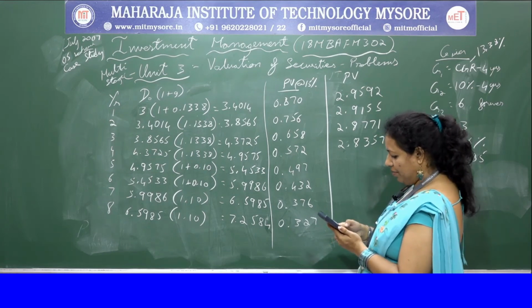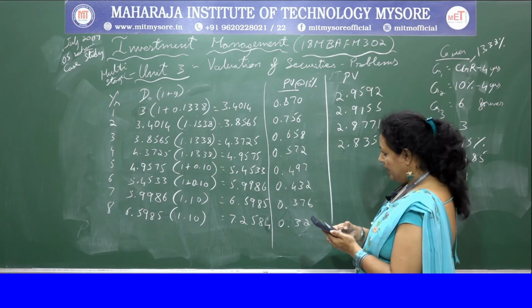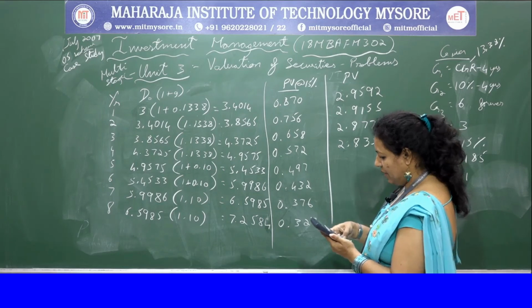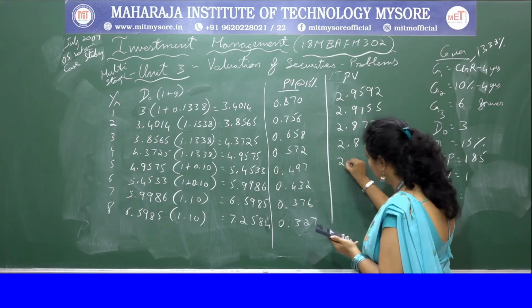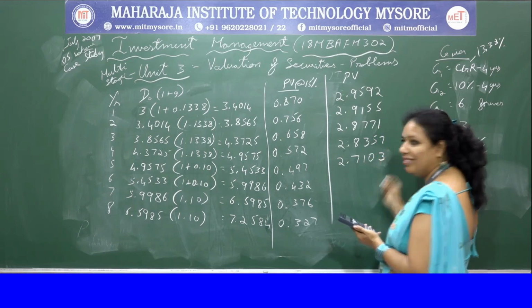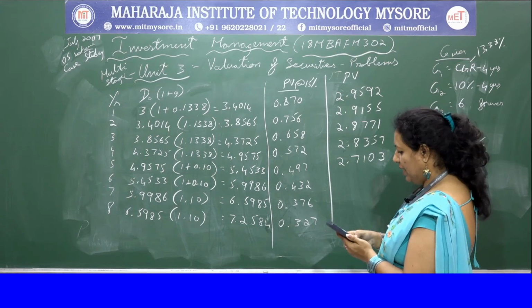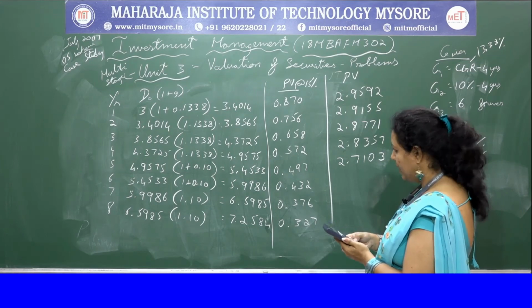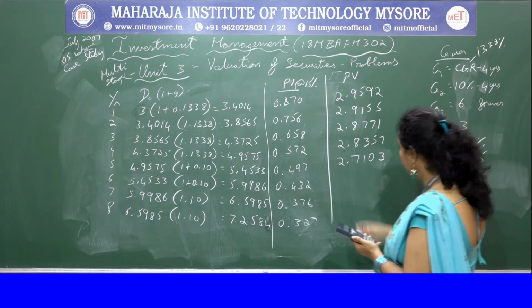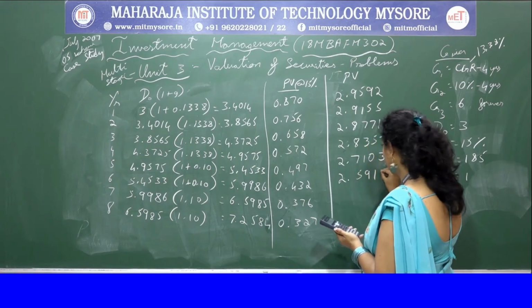Okay, so 5.4533 into 0.497, you get 2.7103. So next is 5.9986 into 0.432, you get 2.5914.